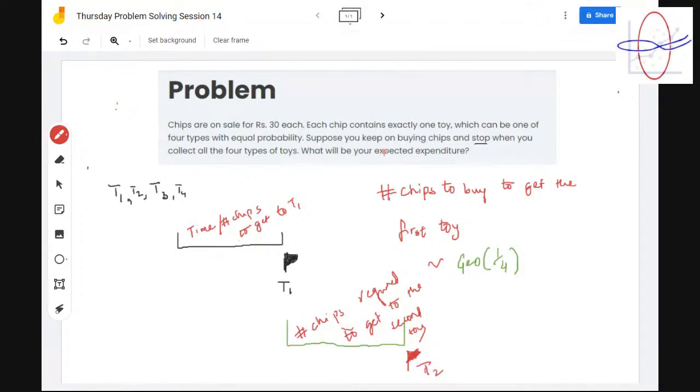So we need something more. What exactly will we do over here? Let's say for two chips, two toys are there. What will you do? Understand, every single time you're keeping a check on whether you've got the other toys or not.